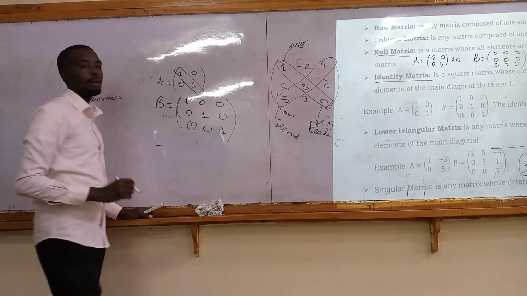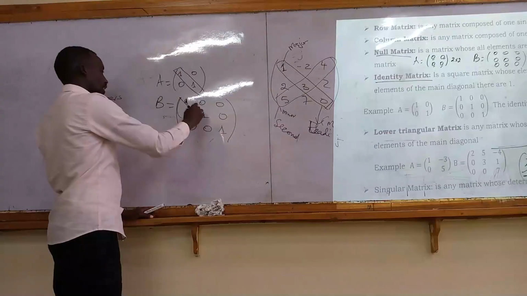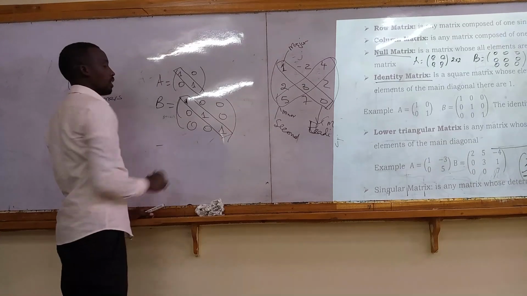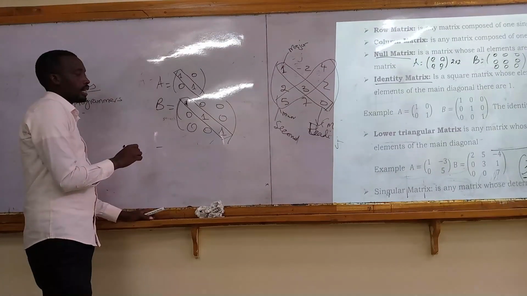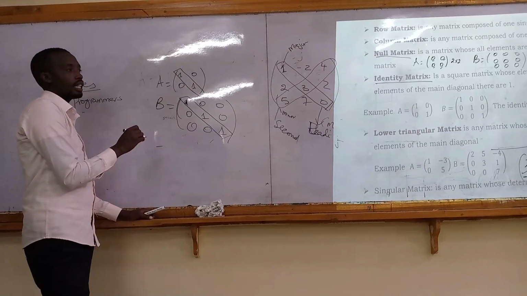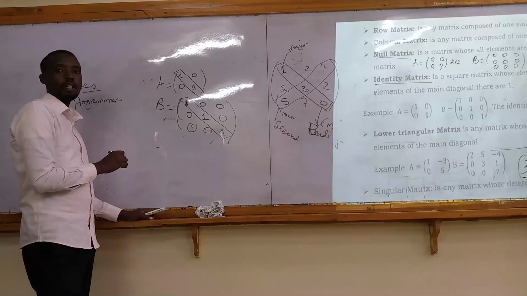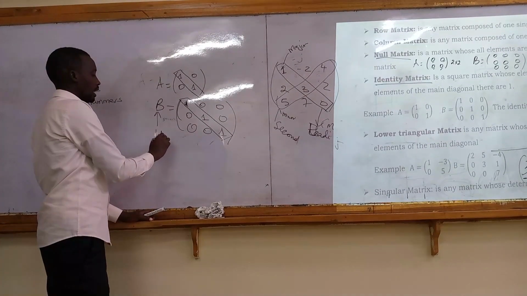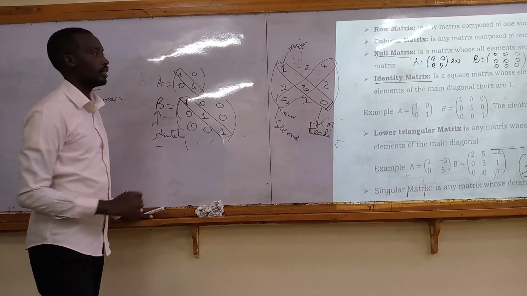This is also another matrix. You see these elements on the main diagonal. They are not equal to 0. So if the elements that are in the leading diagonal or the main diagonal are not equal to 0 and they are equal to 1, we call that matrix the identity matrix.